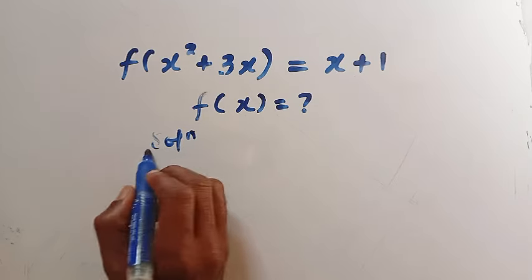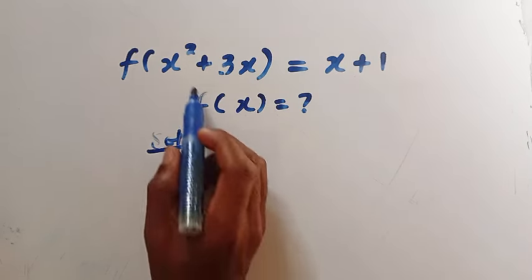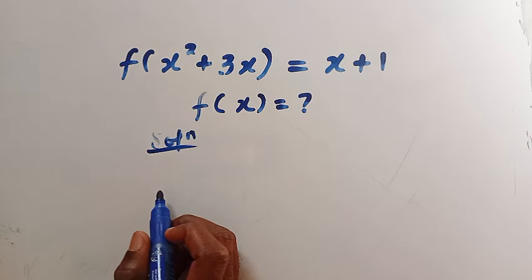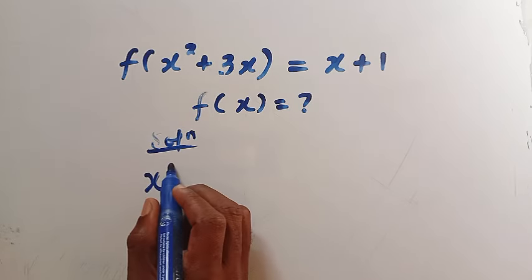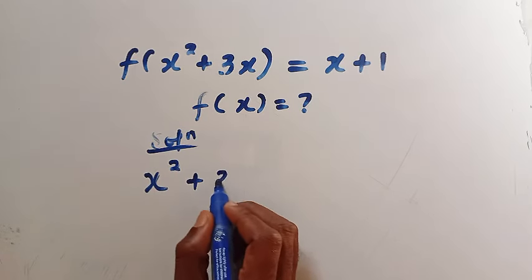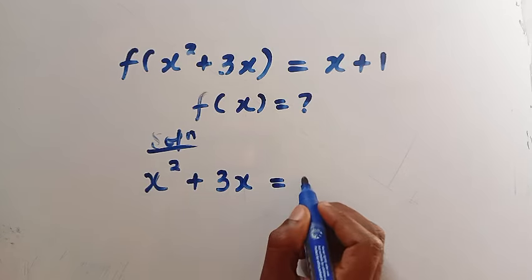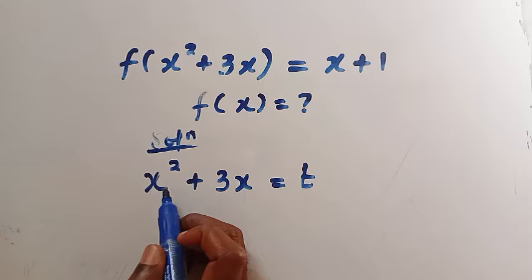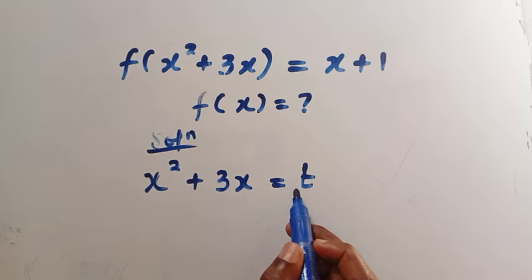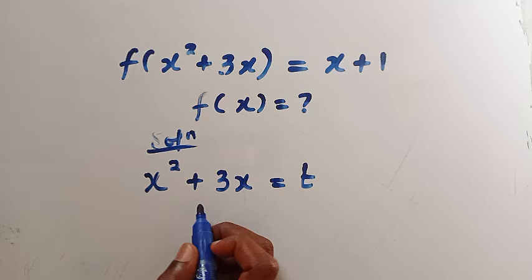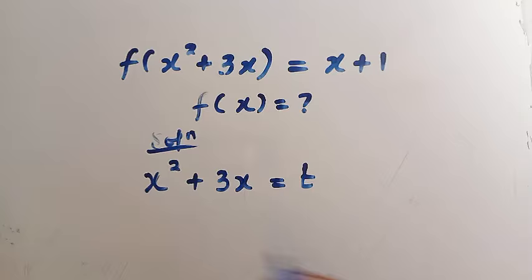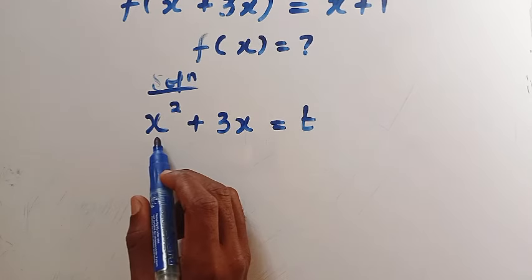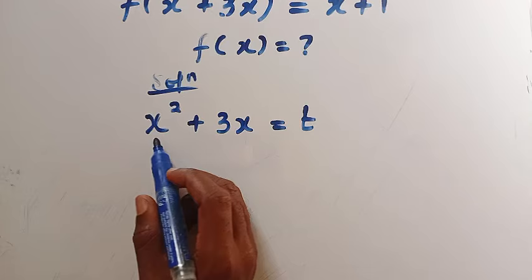By considering the solution, if I replace x squared plus 3x with another letter, let's say I let x squared plus 3x equal t, where x is a member of real numbers and t is also a member of real numbers. Therefore, we are going to make x the subject of the formula.